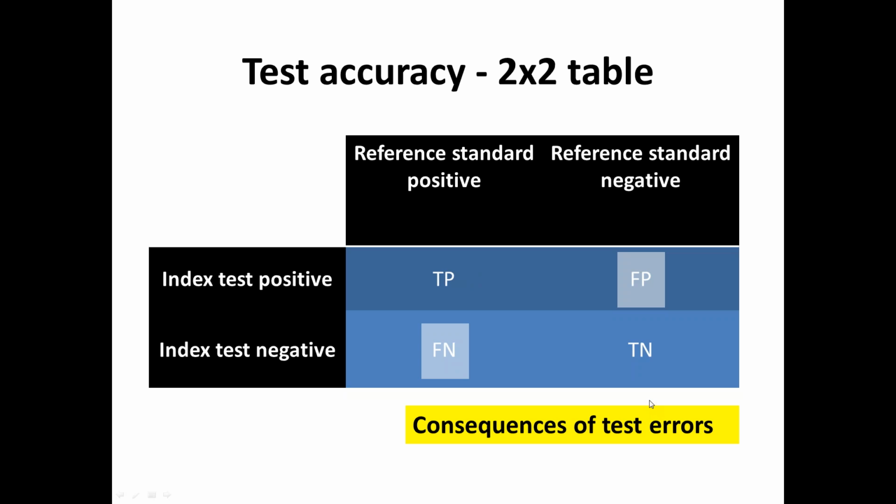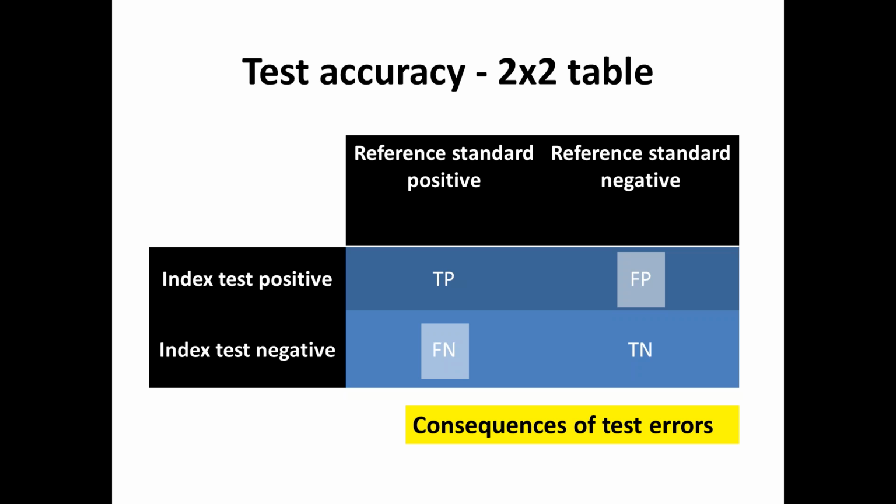So they are the results which show that this test is correctly identifying people with or without the disease. So test accuracy is all about saying what number of people in this table have correct results and what number have what we call the false results, the errors.